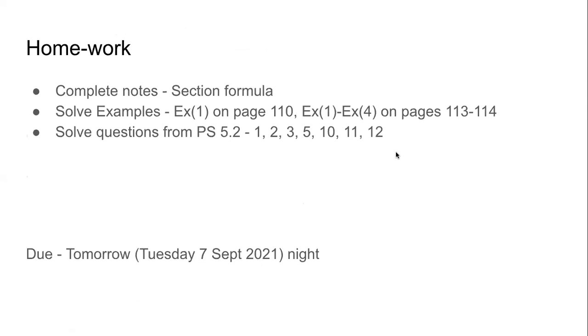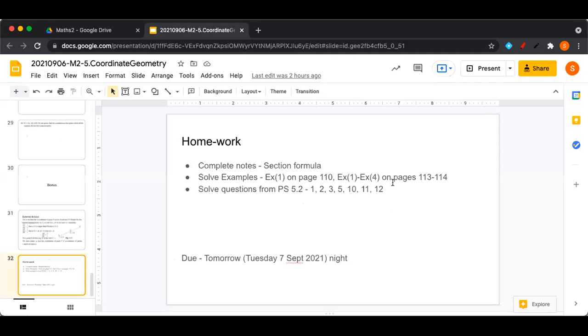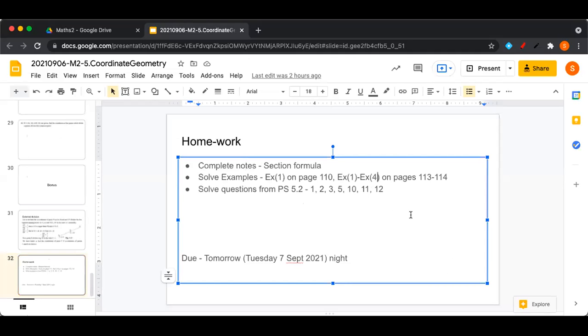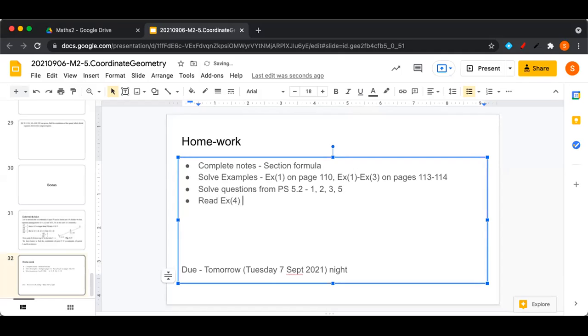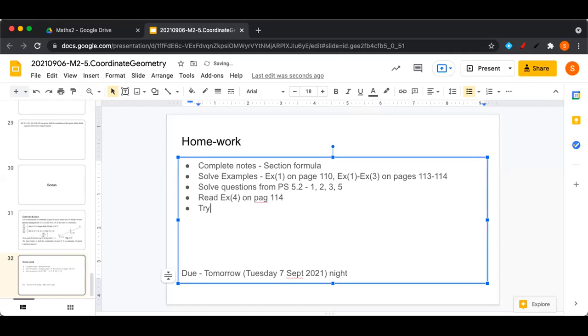I'm changing your homework. So you will not solve question number 3, example number 4. You will read example number 4 on page 114, and you will try questions of practice set 5.2.